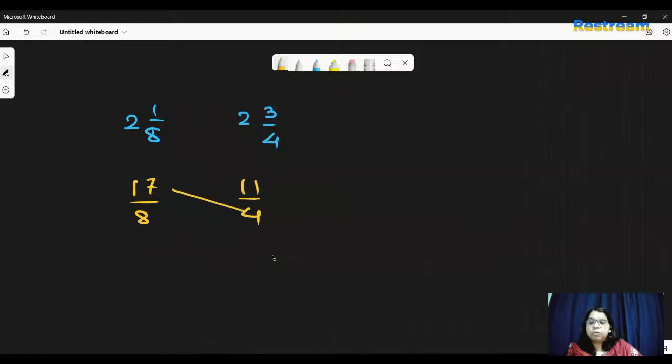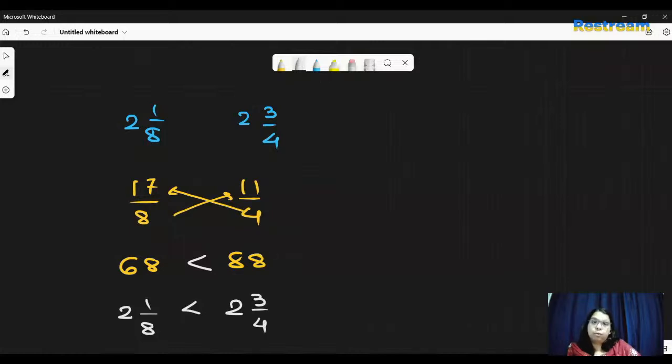Now we are going to multiply again. So I have 68 and I have 88. Which one is greater? 88 is greater. So that means my 2 1 by 8 is less than 2 3 by 4.